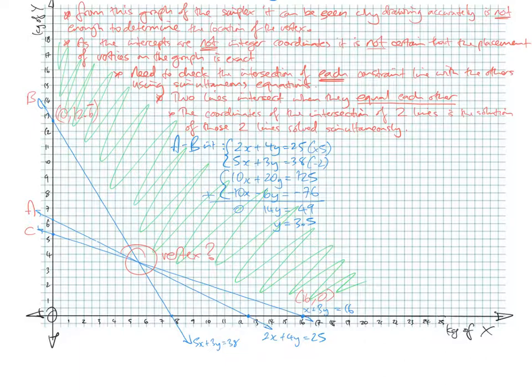That will now let me find what the x-coordinate of the solution is. Substitute y is equal to 3.5 into 2x plus 4 lots of y. 2x plus 4 lots of y is 14 equals 25. 2x, 25 take 14 is 11.